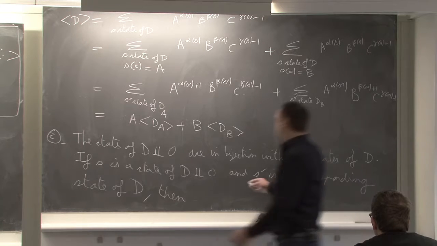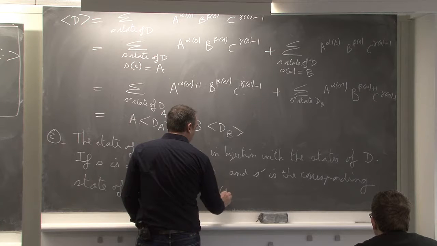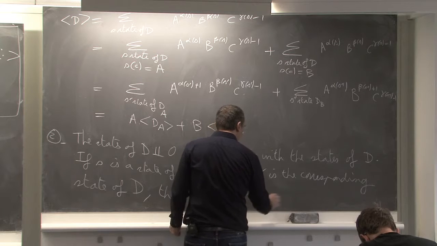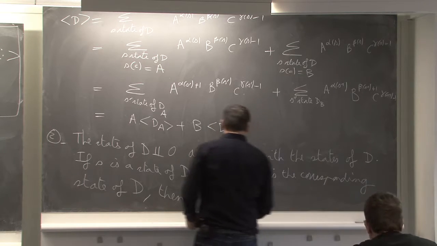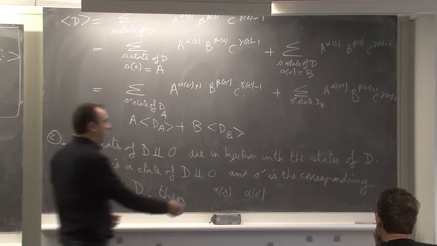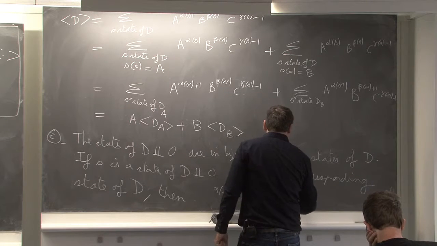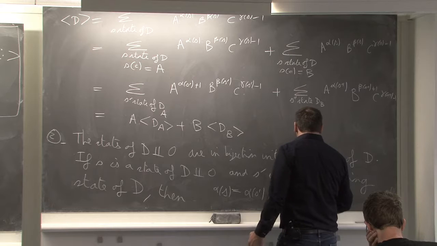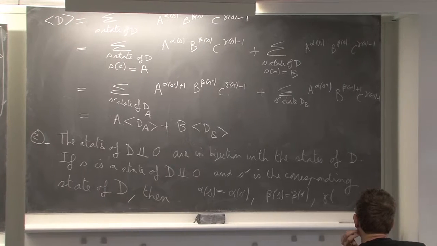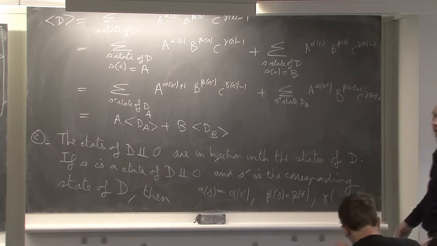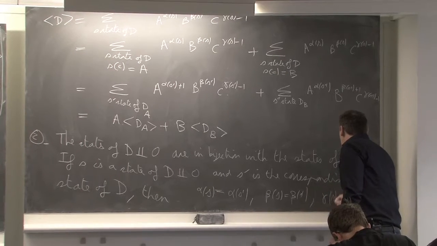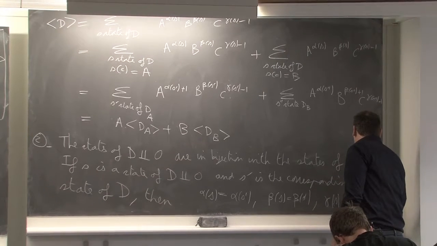So how do we compare these numbers? They are the same. For the crossings in state B, of course, they are the same also. And now, what is the number of circles when you have split the crossings? γ(S) is γ(S') plus 1.